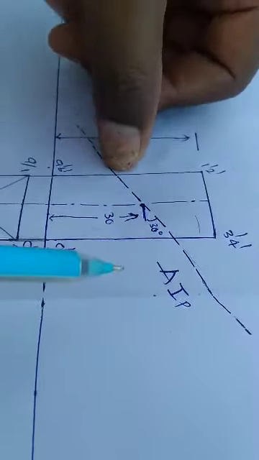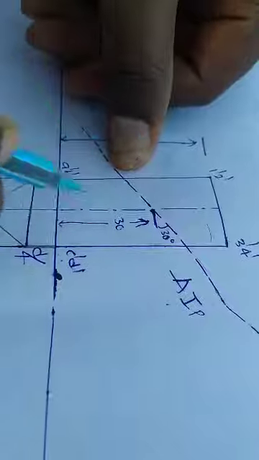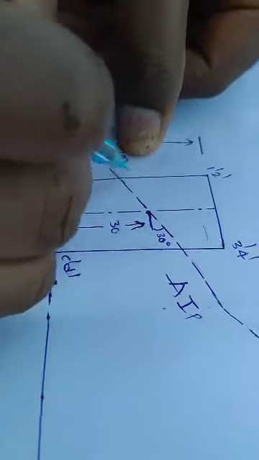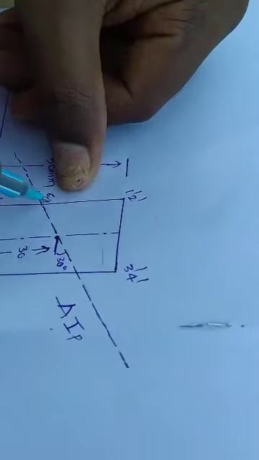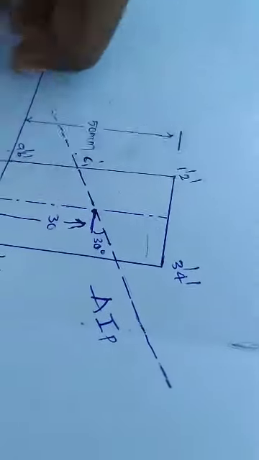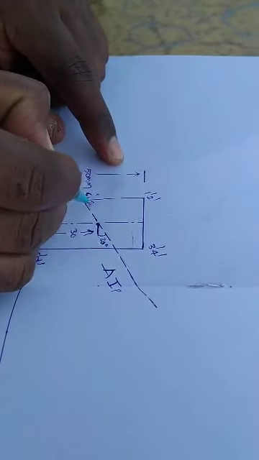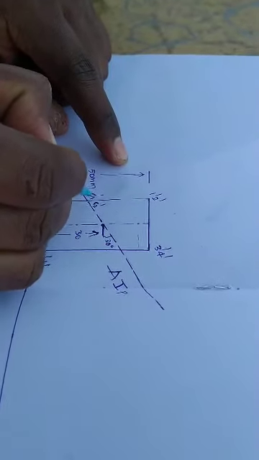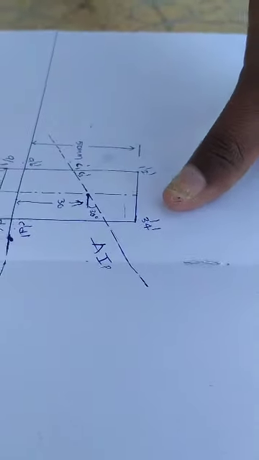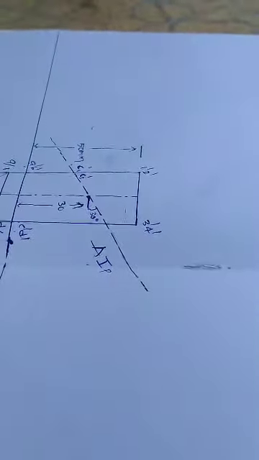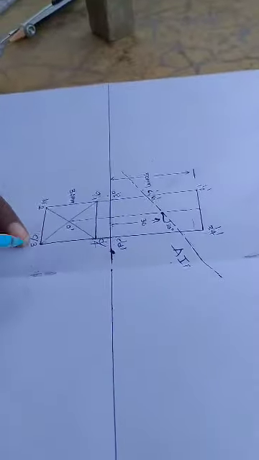This cutting section at a side, let this be c1 dash, and the next edge c2 dash. Then we have c3, where bottom is c and topmost side is 3, and bottom d and top side 4.